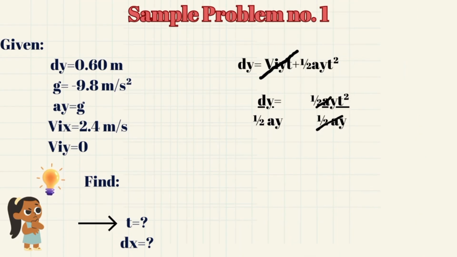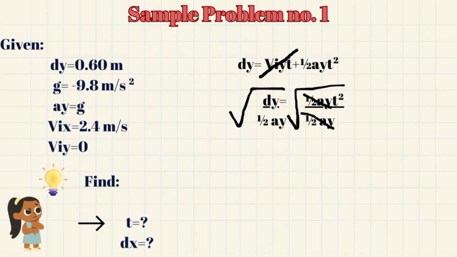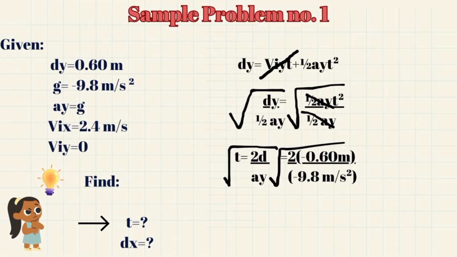You may cancel the same variables, leaving t squared. Again, we need to find t, so we take the square root of both sides of the equation. So we already have our equation to find the time.